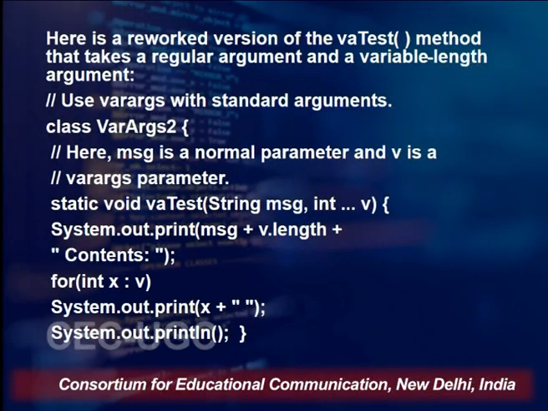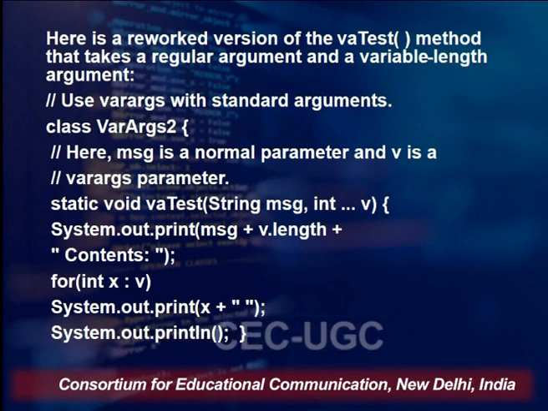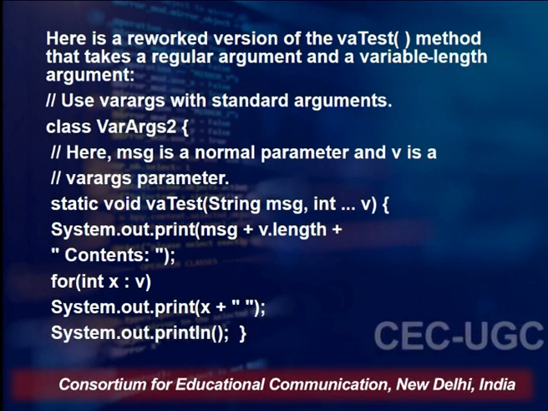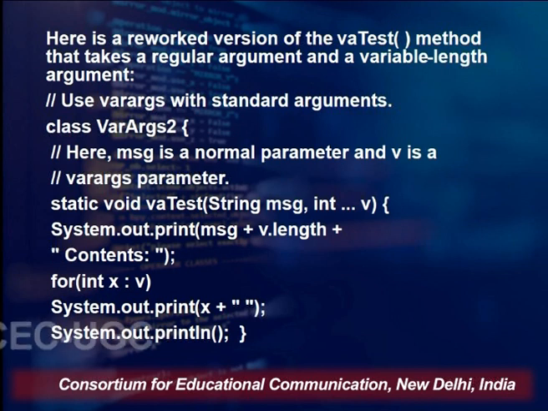In order to wrap up this whole concept, let us see a reworked version of that program, the varTest method, which is going to take a regular argument as well as one single variable length argument. The program goes like this: here we are using varargs with standard arguments also.